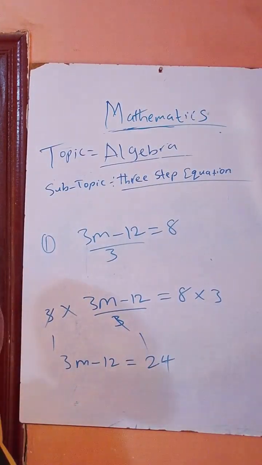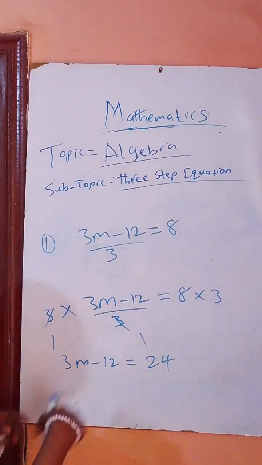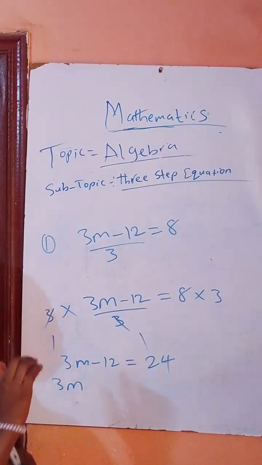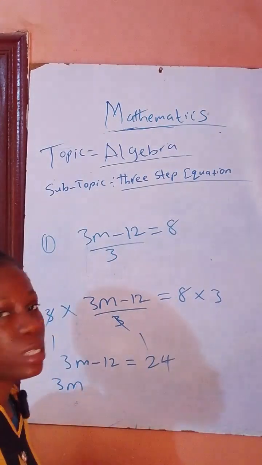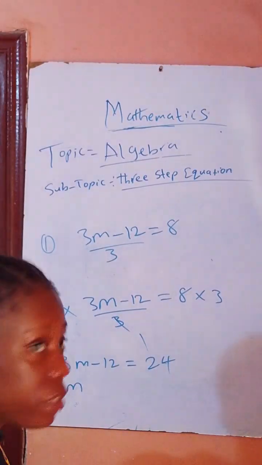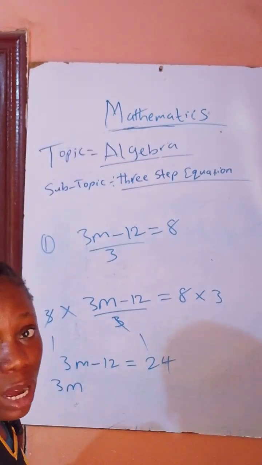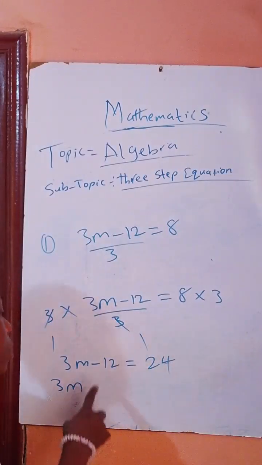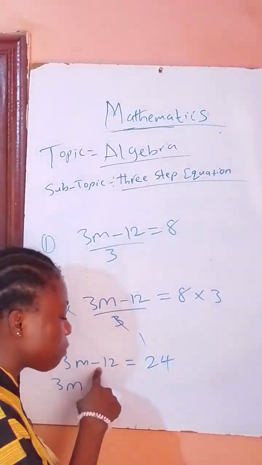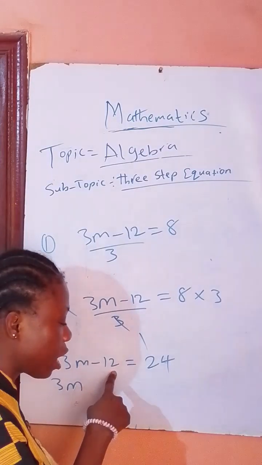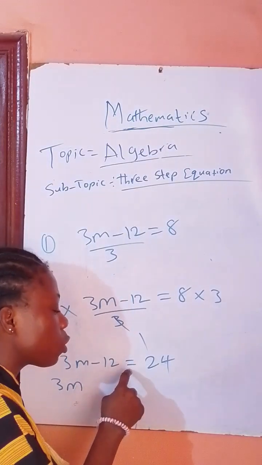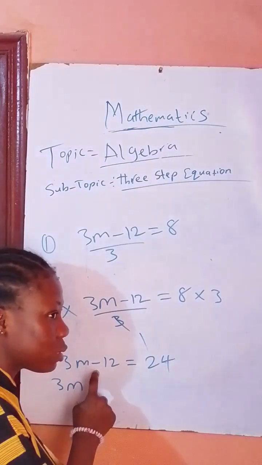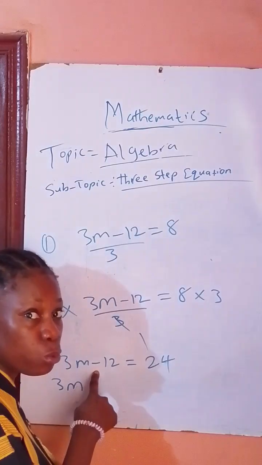The next thing we are going to do is to break down your 3m. Don't forget that we have been solving something like this often, even in our previous class. When you have minus 12 here, and this minus 12 crosses the equal sign to meet 24, the minus sign changes to plus.